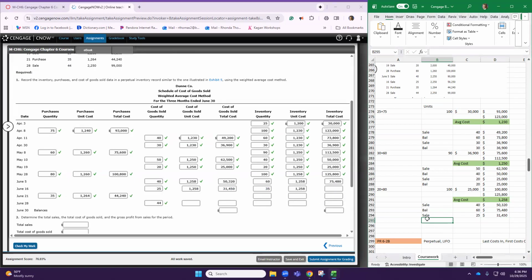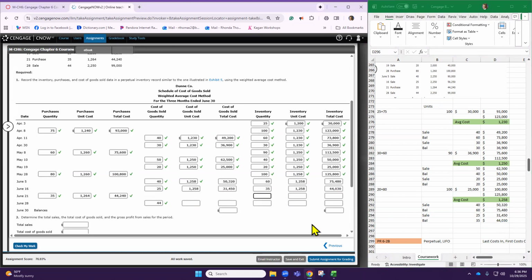So then our balance is 35. Okay, so this is going to be 4430.